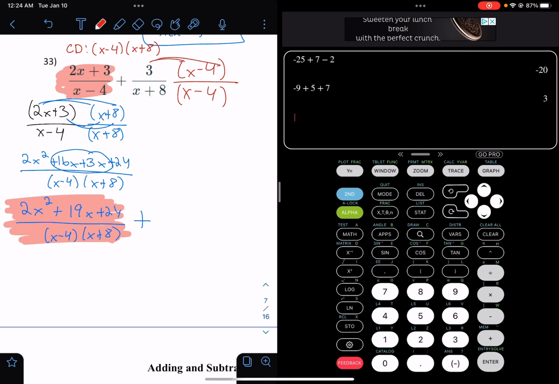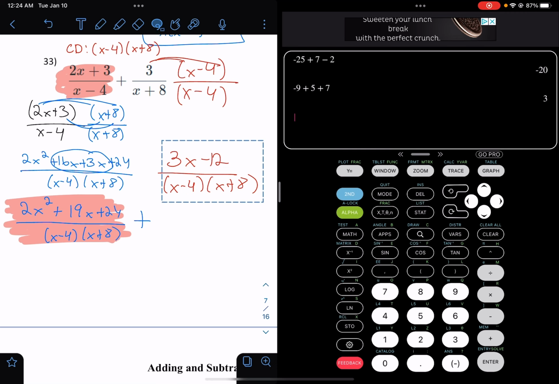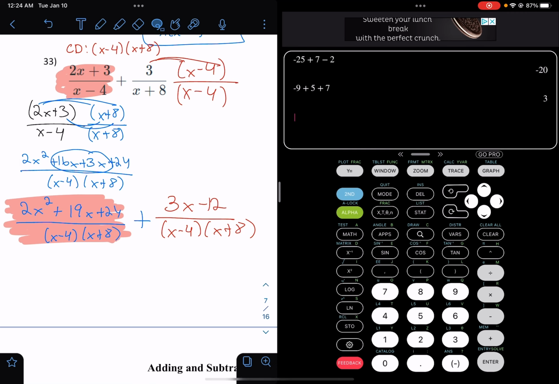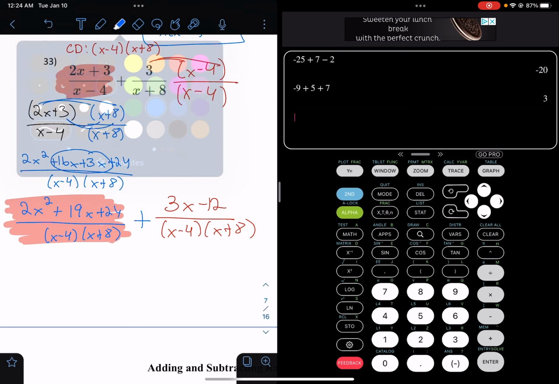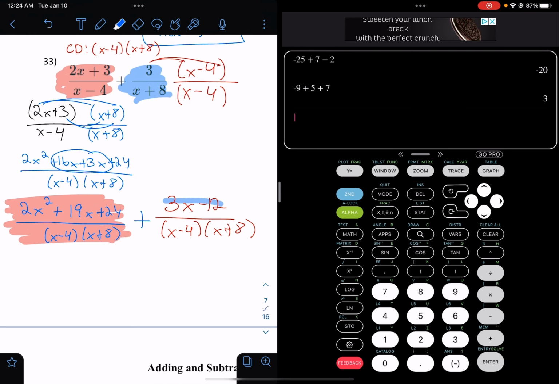So he ends up as 3x minus 12 all over x minus 4, x plus 8. And there isn't any simplifying really we can do, so we could just drag him down. So now this fraction looks like this when he has the common denominator.